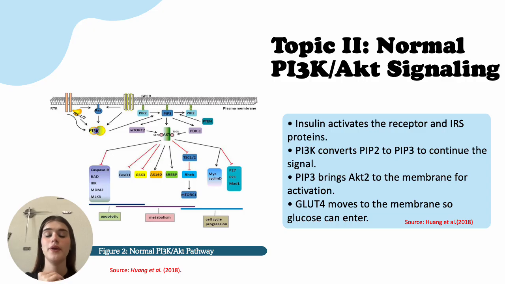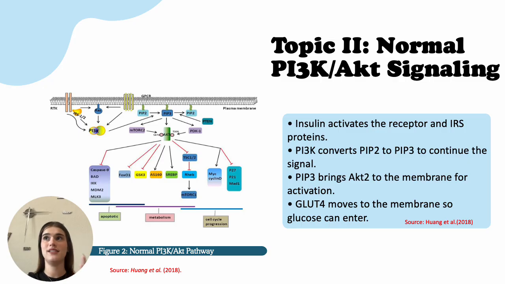Moving on to topic number 2, we're going to talk about normal PI3K AKT signaling. Here I'm showing how the pathway works when everything is normal. When insulin binds to the receptor on the cell, it activates IRS proteins, which are like messengers that pass the signal inside the cell.